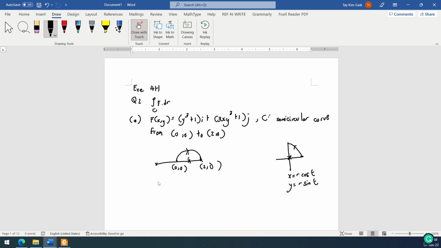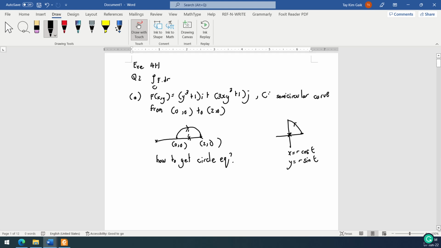So how to get the circle equation? You need to find out how to get the circle equation. If it is difficult to get the circle equation, then we cannot get x in terms of t, and then y in terms of t.